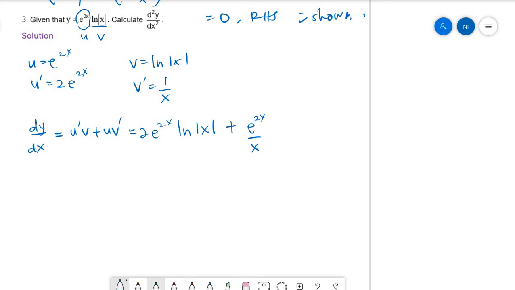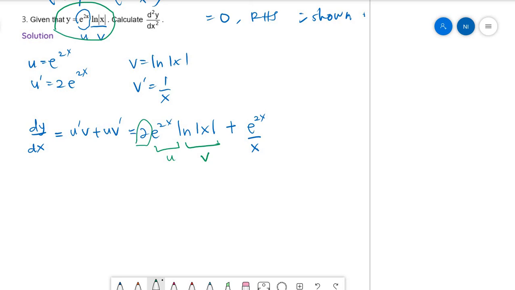So, we need to do the second derivative, right? As you can see, this one we still need to use the product rule. But, hey, we have a shortcut here. We don't have to do it. Why? Because it is almost the same as this function, except that we have another constant at front.